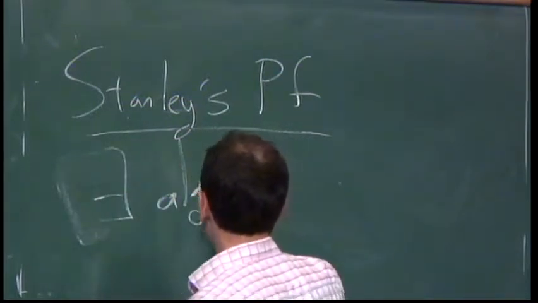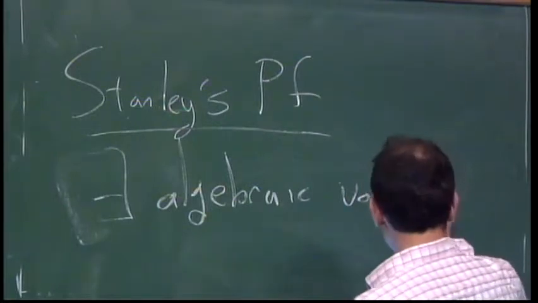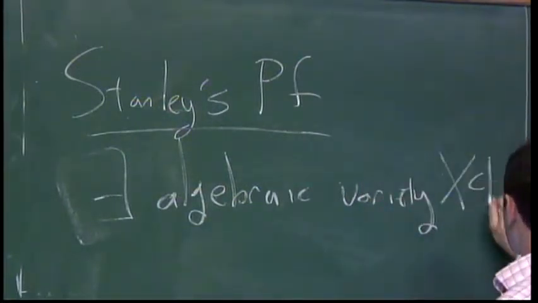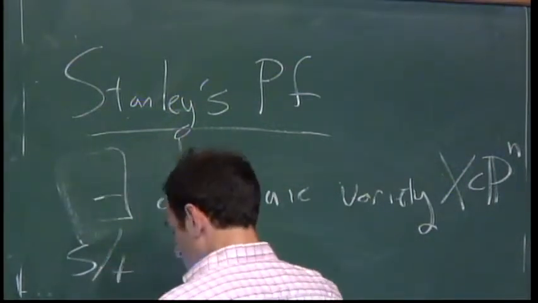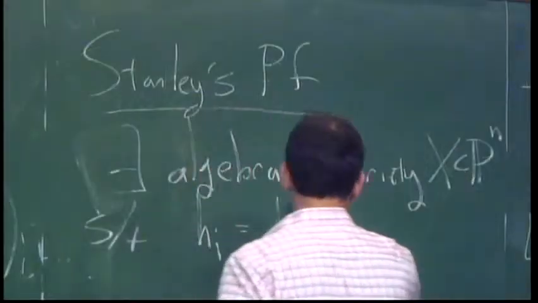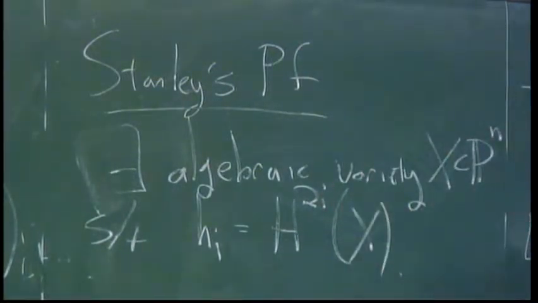It turns out to be a toric variety. It's a projective algebraic variety such that the h_i are the dimension of the even cohomology. And then the hard Lefschetz theorem on the variety X gives a Lefschetz element.